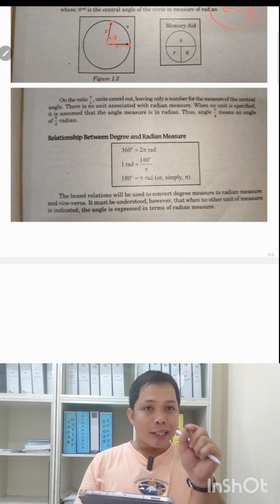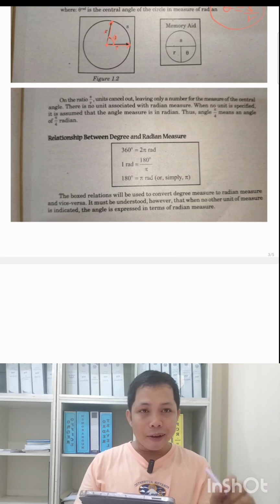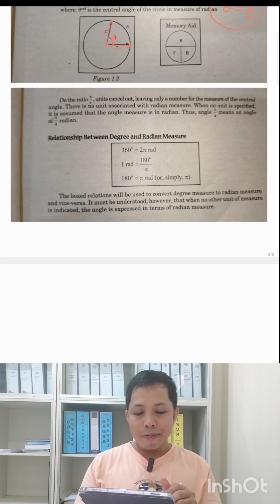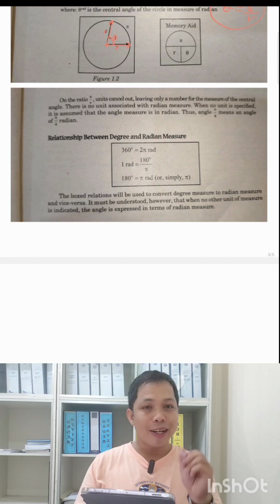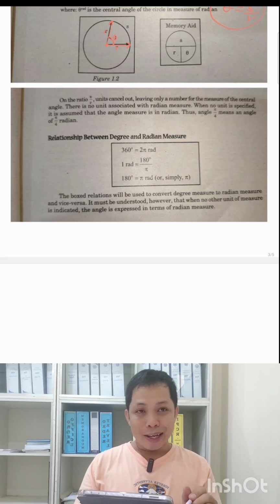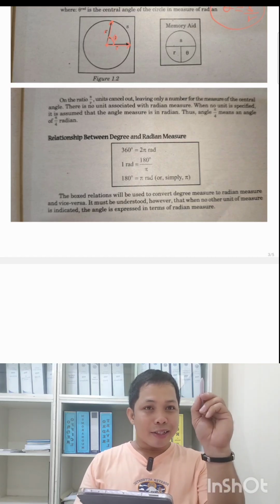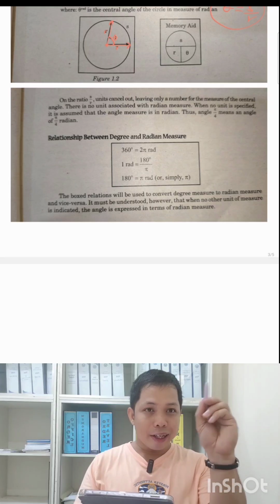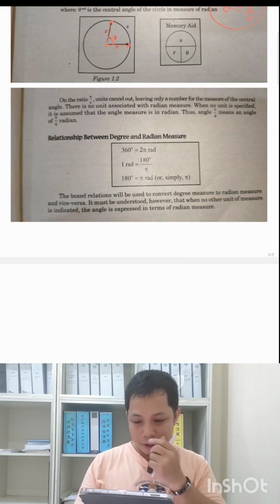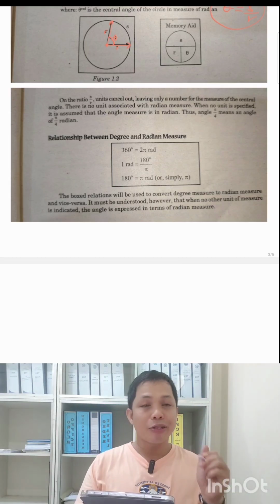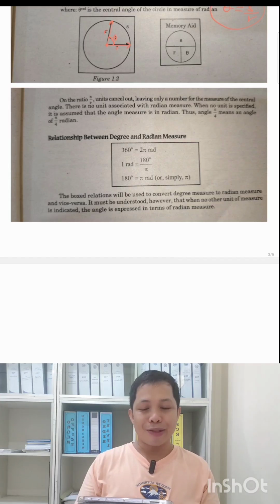Okay? On the ratio S over R, units cancel out, leaving only a number for the measure of the central angle, right? So what is the central angle? Intercepted arc S over the radius R. So there is no unit associated with radian measure.